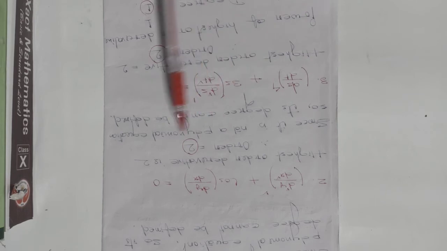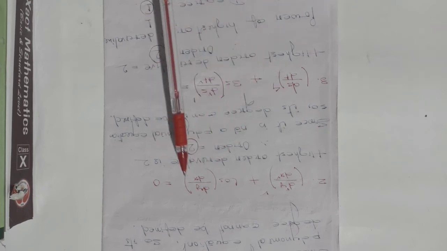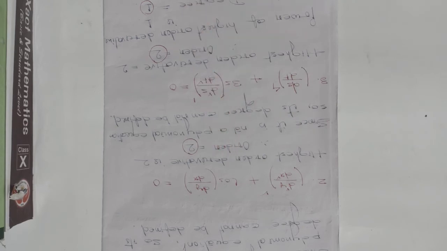So degree cannot be identified in this type of differential equation. Next one is d2y by dx2 whole square plus cos of dy by dx equal to 0. Here the highest order derivative is 2, so its order is 2, and since it is not a polynomial equation, degree cannot be identified here also.